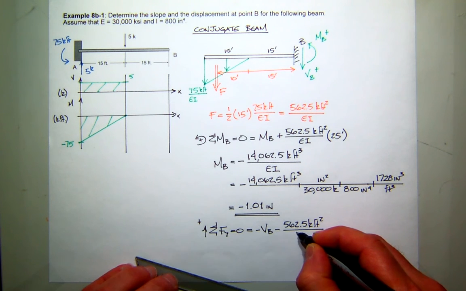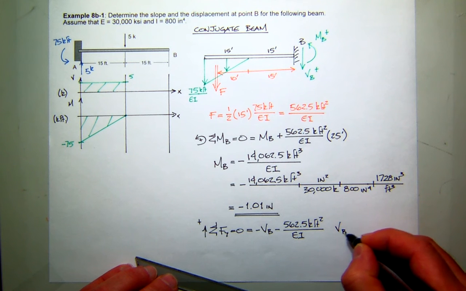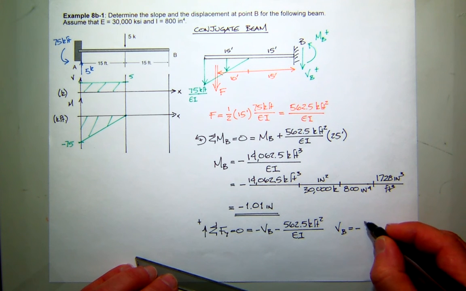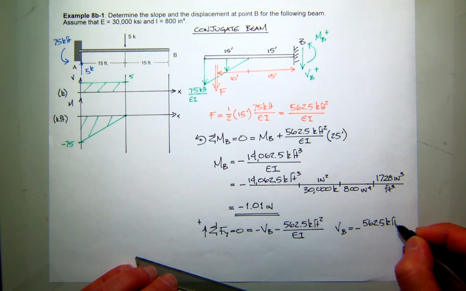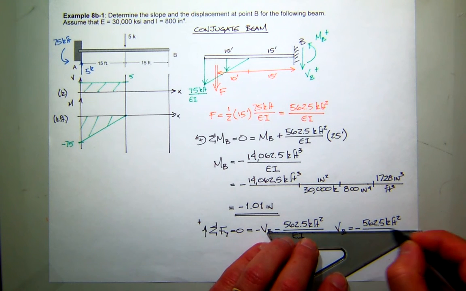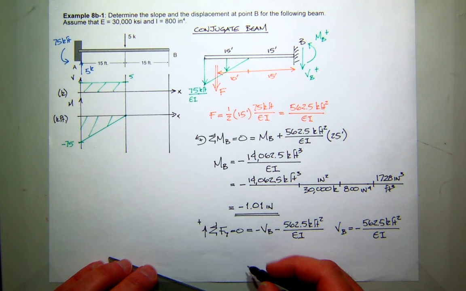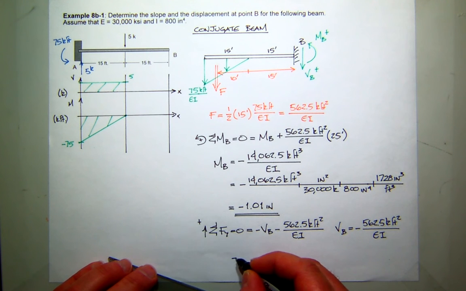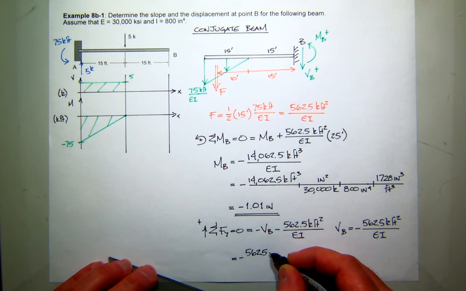So you can see it's pretty easy to solve for my shear. The shear at B is negative 562.5 kip feet squared over EI. So what is that? It looks like we're going to have a negative slope, which seems to make sense.